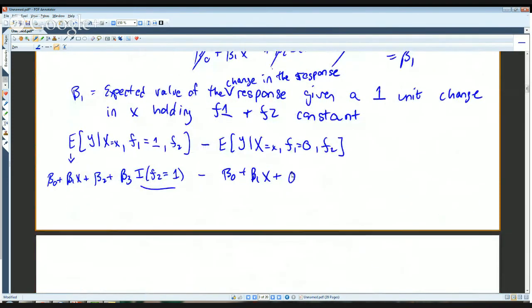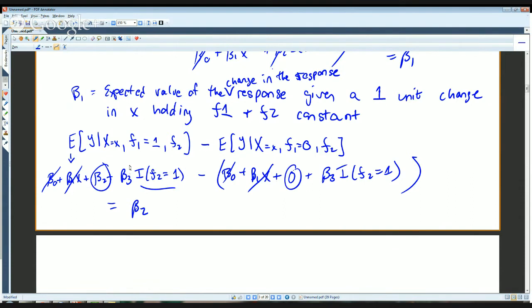So 0 plus beta 3 times indicator factor value 2 is 1. So when we subtract these two, that's the same, and that gives me a beta 2, right? That guy minus that guy gives me a beta 2, and then that and that are the same.